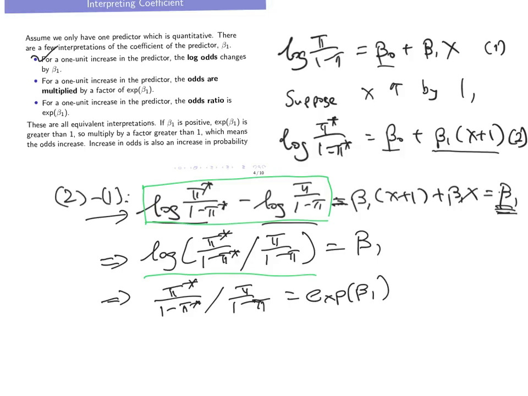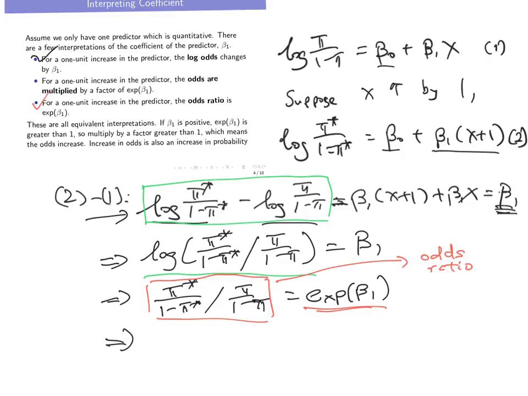Now this term, this ratio of the new odds over the old odds, technically has a name, it's called the odds ratio. So it's basically the ratio of the new odds over the old odds. So it's basically this third interpretation over here. For a 1 unit increase in the predictor, the odds ratio is exp of beta 1. So that's that third interpretation.